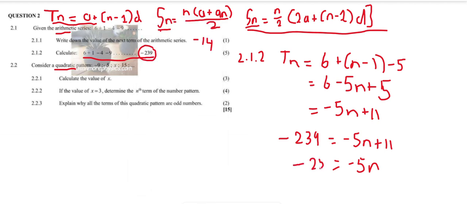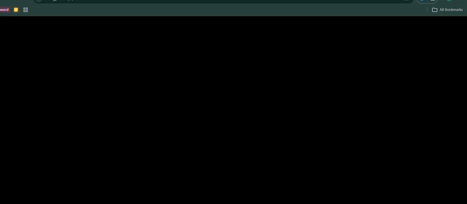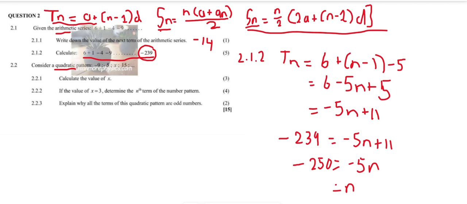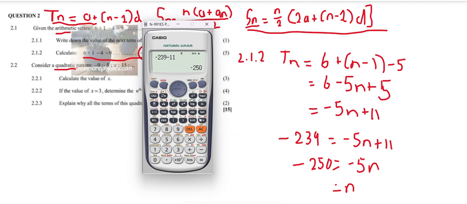Since we have negative 250, then the value of n, we're going to say 250 divided by 5, which eventually gives us 50.